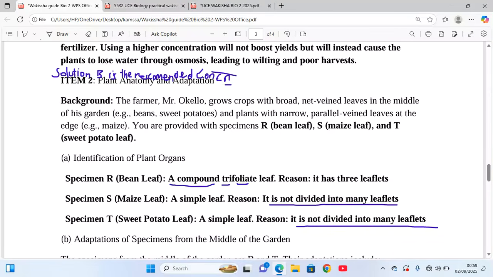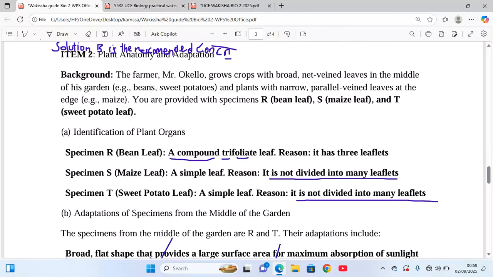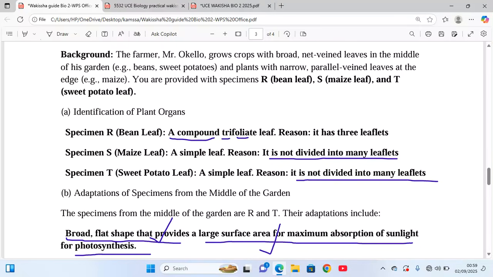So item 2 was on plant tissues, specifically the leaves, and Mr. Okello, the farmer, had his garden, and in the middle of the garden he had plants with leaves which are broad and network veined.